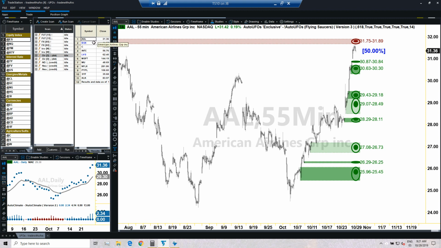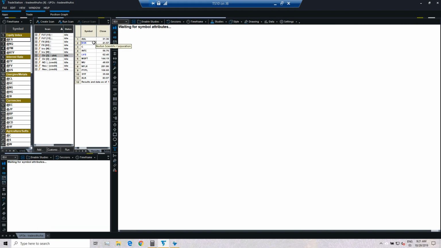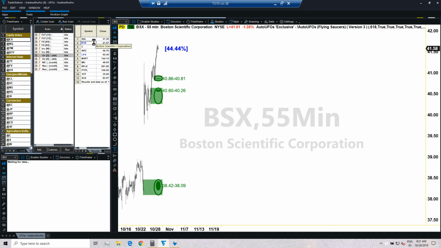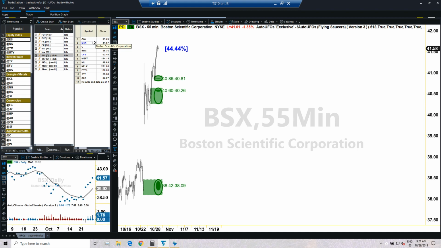Let's go for BSX, and see what we have with that stock. This stock is looking a little better. We got 3 candles out of 7, so climate-wise, we are okay. Now, the one thing that we need is green UFOs located around, let's call it 40.